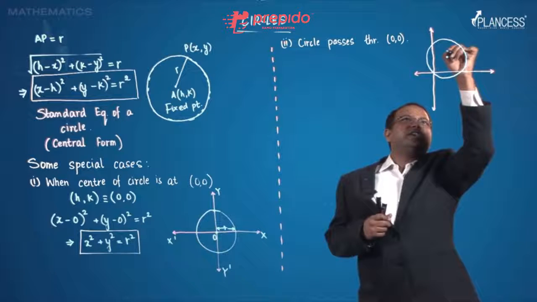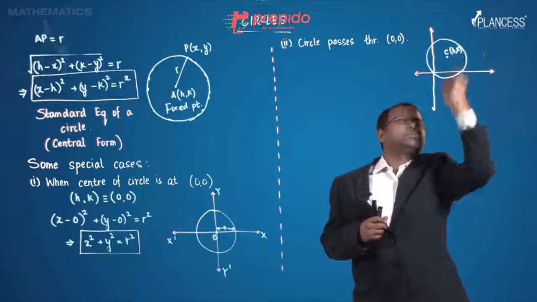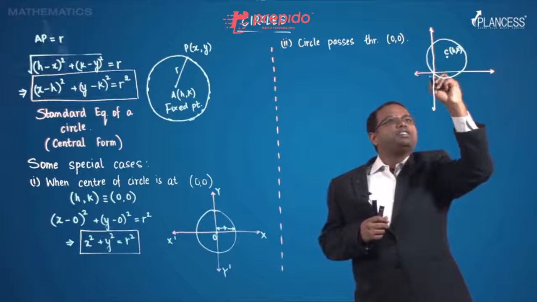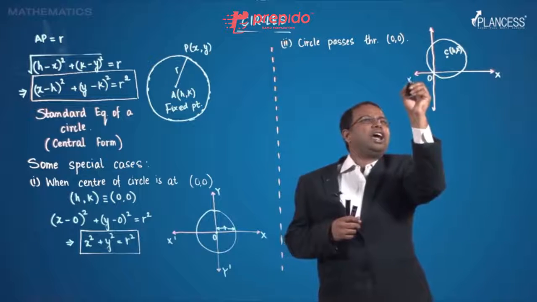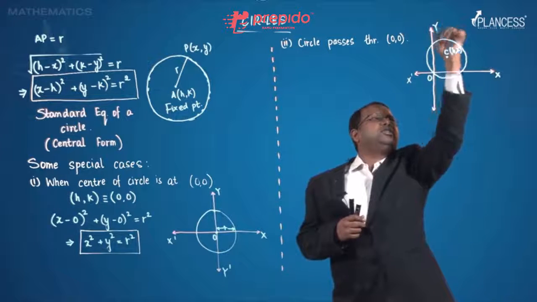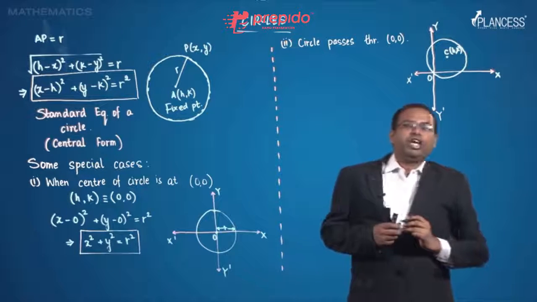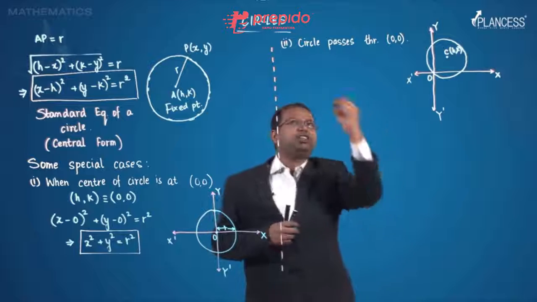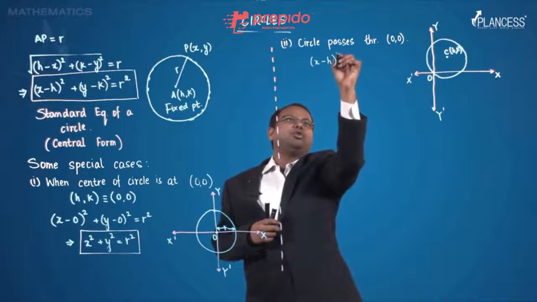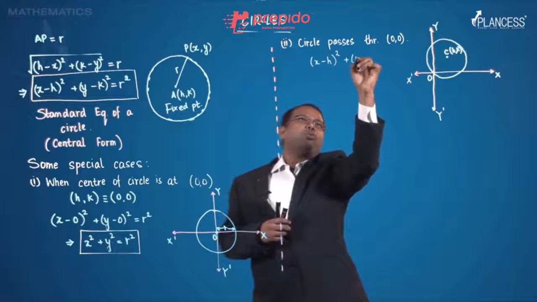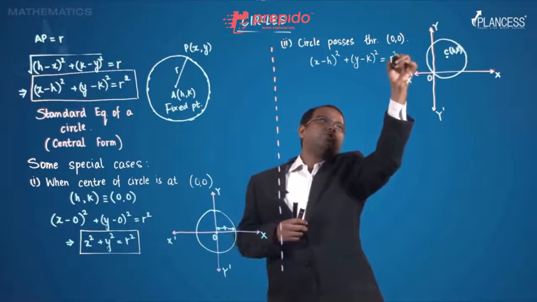Let us represent the center by a point C having coordinates h comma k. Now we want to write this equation, so let us mark our axis and the origin. Now in order to find the equation of the circle, we have x minus h whole square plus y minus k whole square equal to r square.